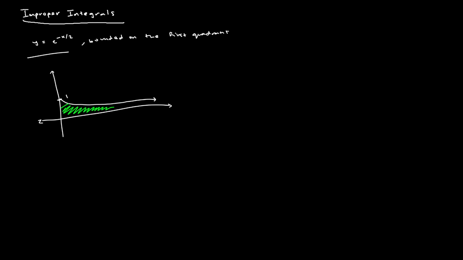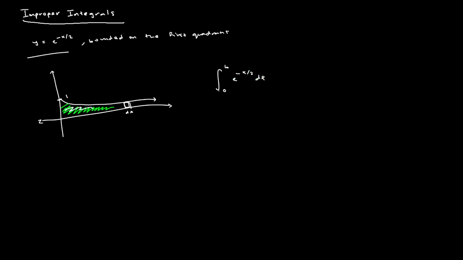So we want to find this green area. And so this is dx and this is the height. And so the integral that will help us evaluate the area is simply the integral from 0 to some constant b of e to the minus x over 2 dx.